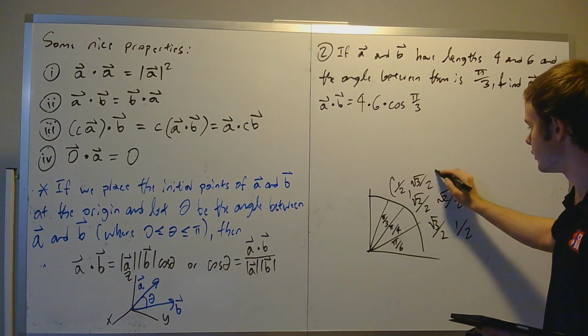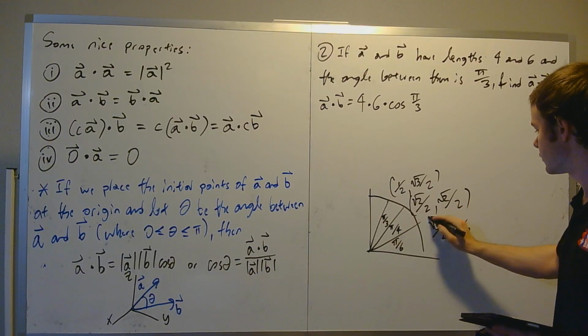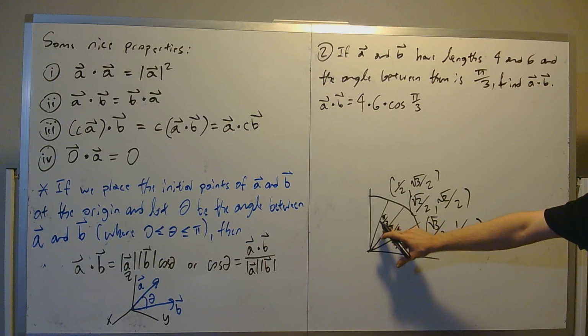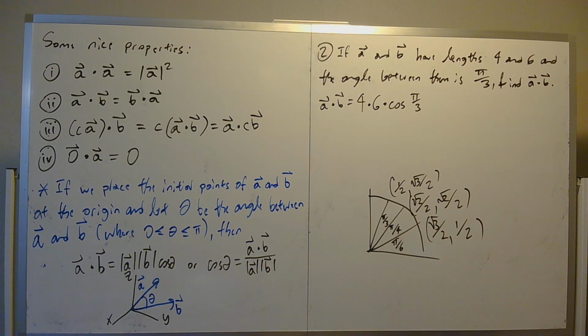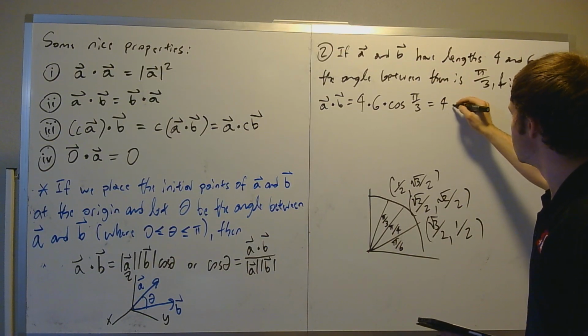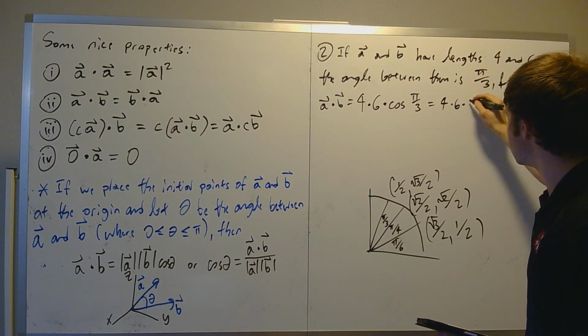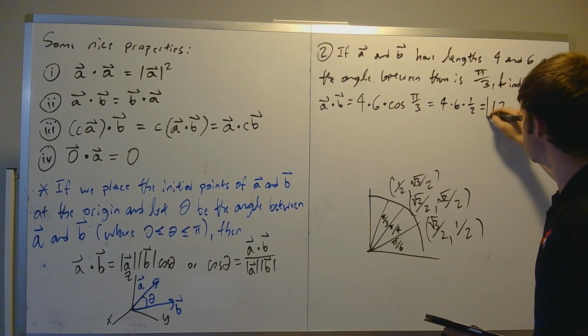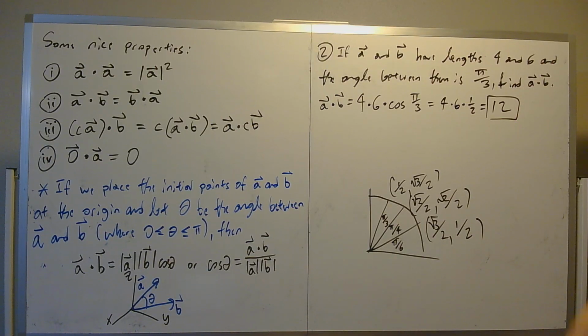And then you make everything into a point. Right? So that's how to find the unit circle. We're trying to find the cosine of pi over 3, so it's just the x-coordinate of pi over 3, which is going to be a half. So we've got 4 times 6 times 1/2, which is 4 times 3, which is 12. So that'll be our answer.